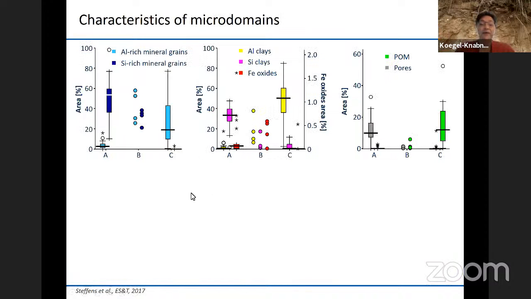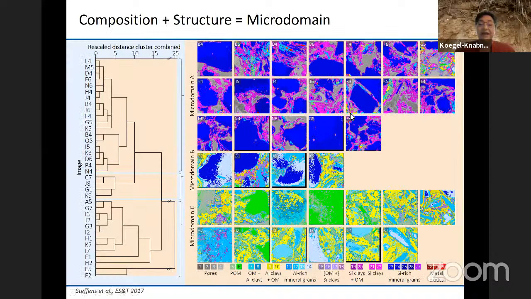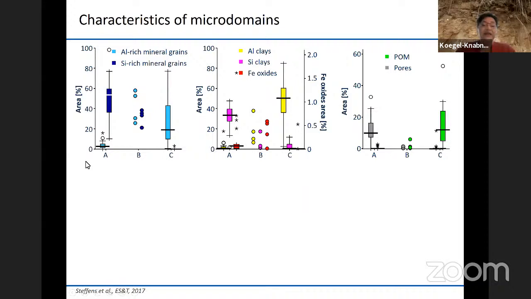This is microdomain A here, where the blue dominates. We have in between sometimes microdomain B, but not very often, and microdomain C, where the yellow and green components dominate. We see that in A, we have a lot of Si-rich mineral grains.